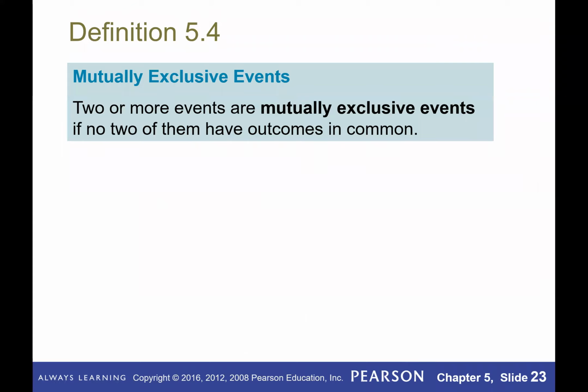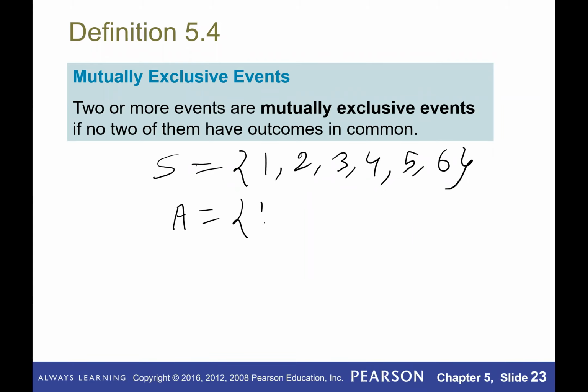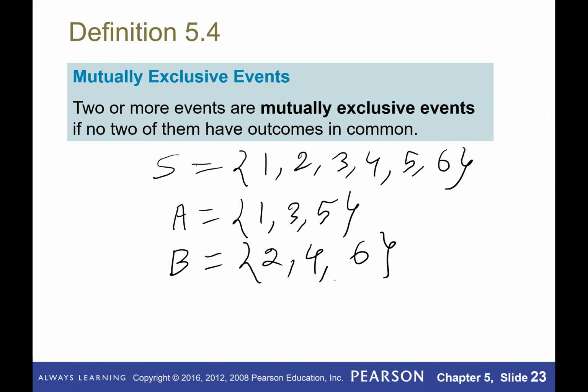So mutually exclusive events. What does mutually exclusive mean? Mutually exclusive means two events do not share any common outcomes. So if you consider the sample space 1, 2, 3, 4, 5, 6, and A is an event which is just the odd numbers 1, 3, 5, and B is an event which is the even numbers 2, 4, 6.